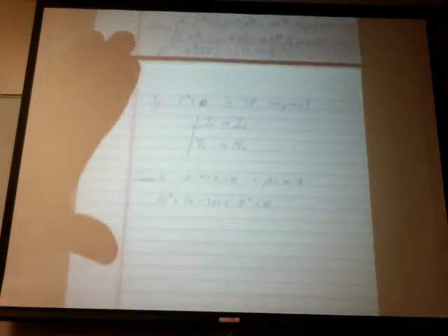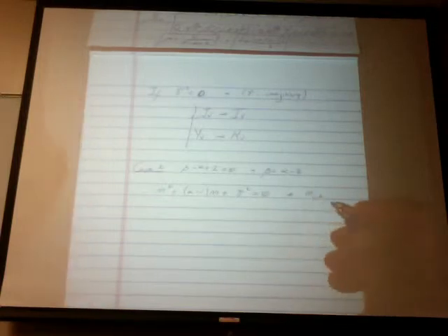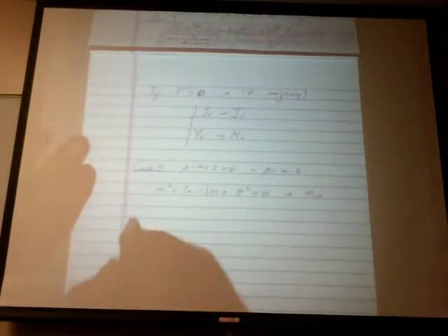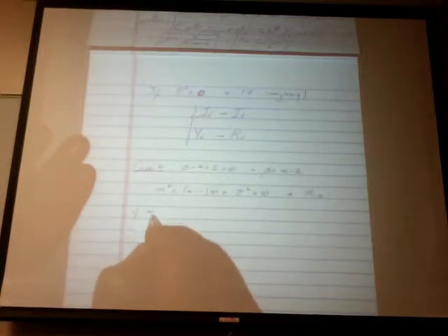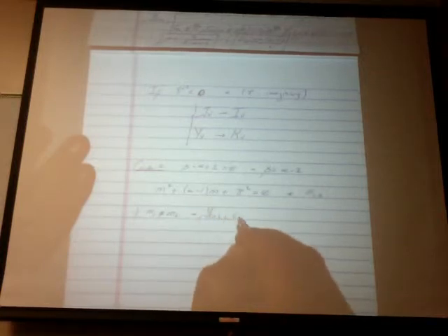The auxiliary equation will lead to different roots for m, m1 and m2, and depending on them: if m1 is different than m2, y of x is equal to c1 x to the m1 plus c2 x to the m2.